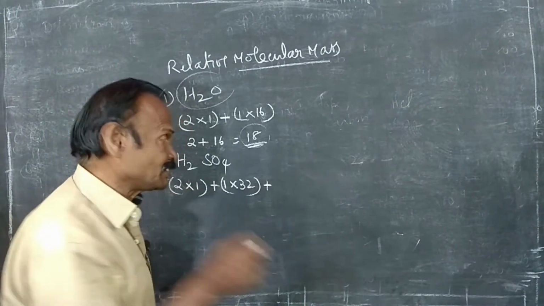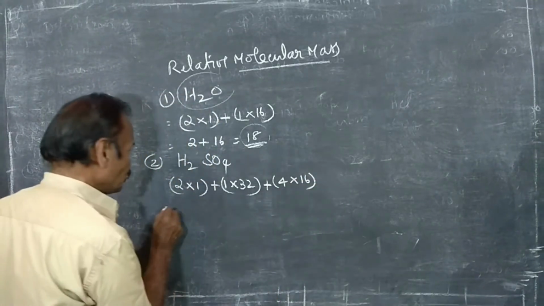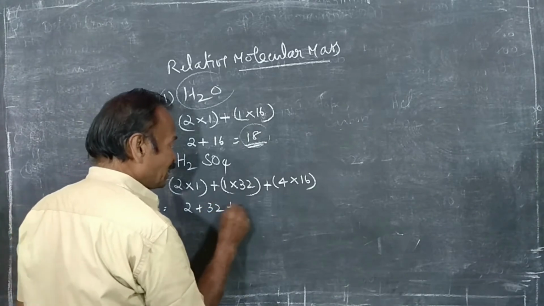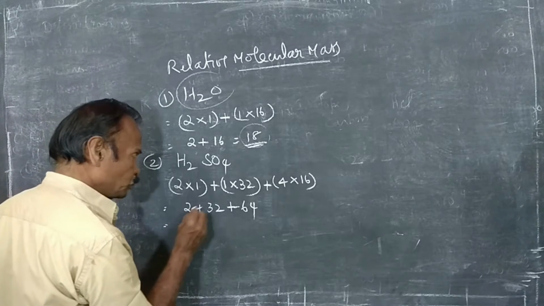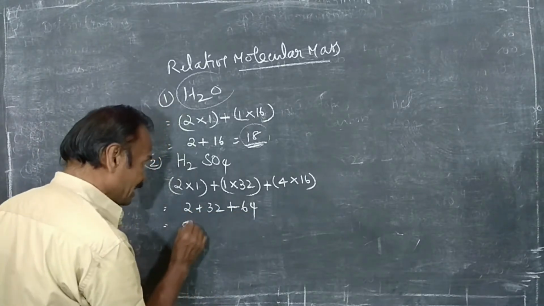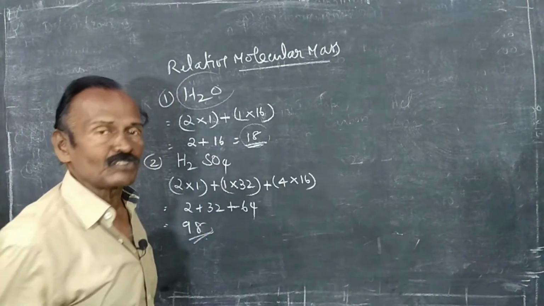There are 4 oxygen atoms, therefore 4 into 16. So 2 into 1 is 2, plus 1 into 32 is 32, plus 4 into 16 is 64. If you add 2 plus 32, that is 34. 34 plus 64 is 98. So this is the molecular mass of sulfuric acid.